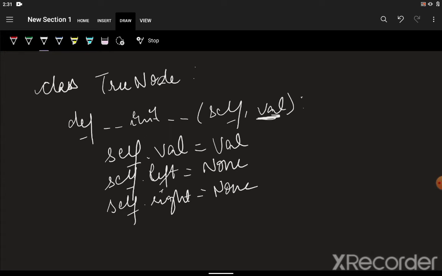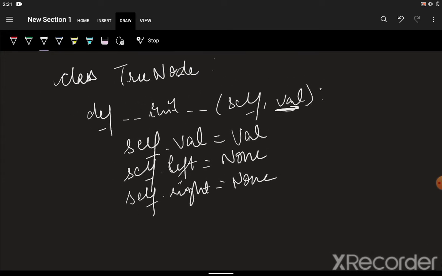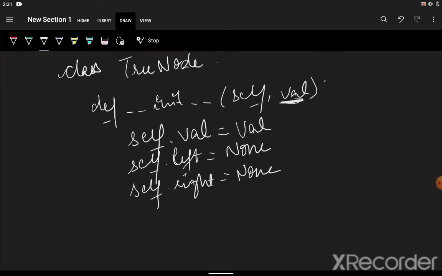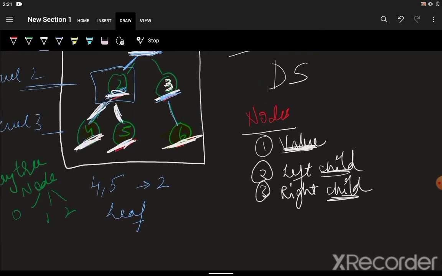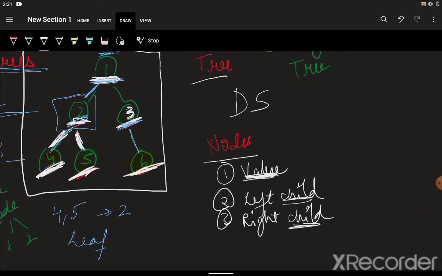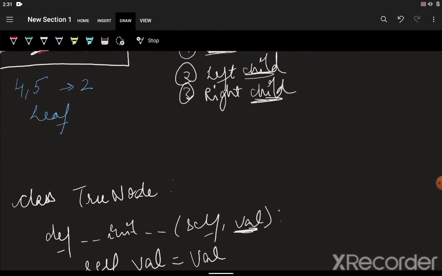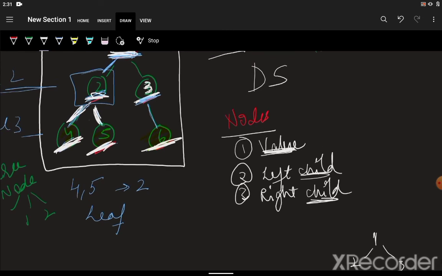Let's try to create some nodes and build a tree. Let's suppose we created a root node which has the value 1. Actually we'll try to implement this tree only, with nodes 1, 2, 3, 4, 5, 6.